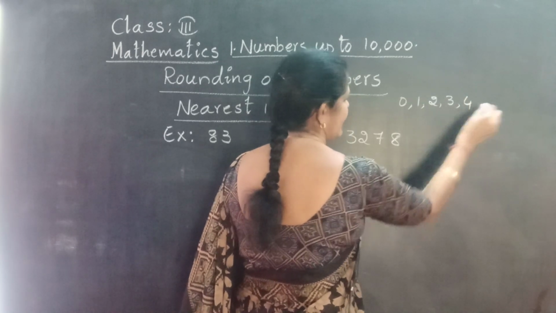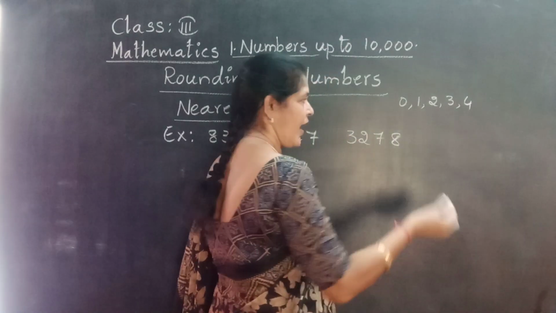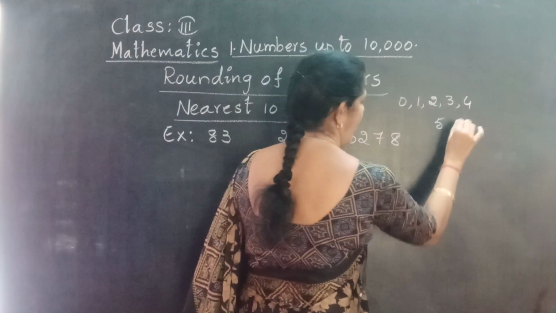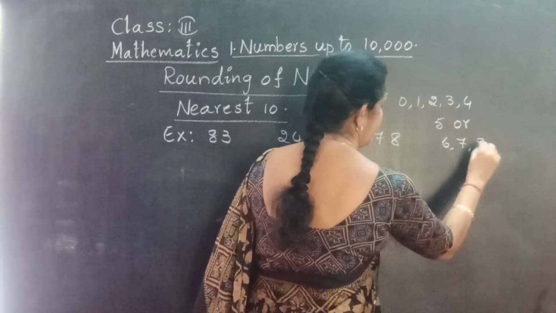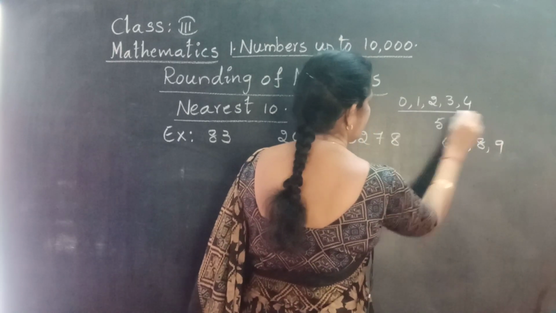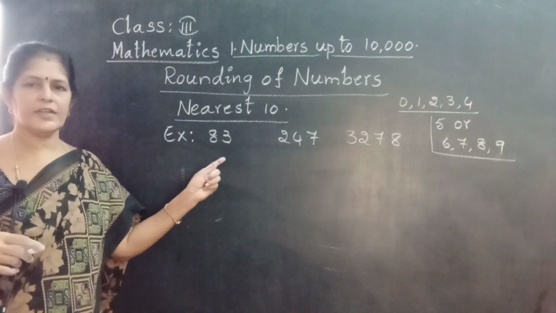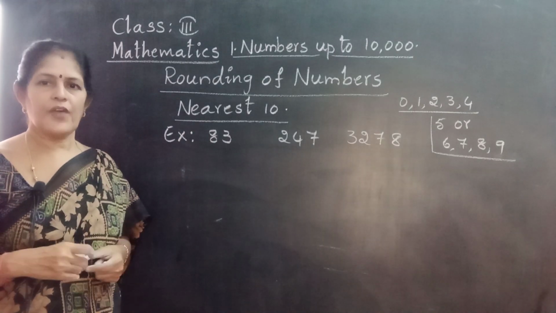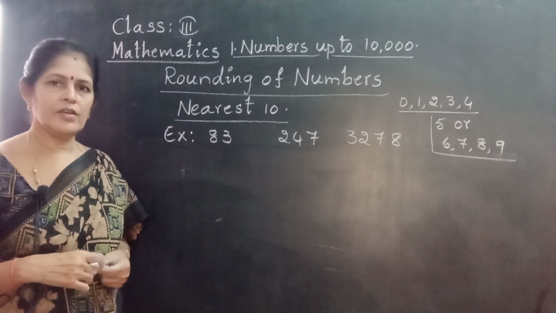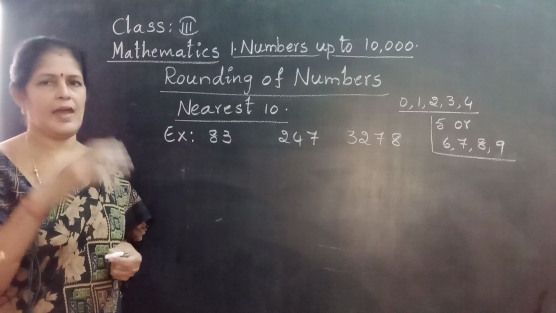Next, what are the numbers 5 or more than 5? 5, 6, 7, 8, 9. Okay? When we are rounding off to the nearest tens, first we look at the ones place number in the given numbers.